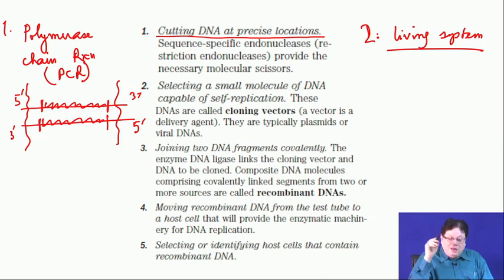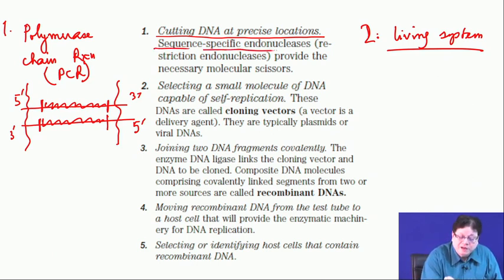That is number one. This cutting is done by sequence specific endonuclease, because it is done inside the DNA strand. So, it is called endonuclease. Also they are called restriction endonucleases or restriction enzymes. Maybe in an earlier discussion I mentioned these restriction enzymes.